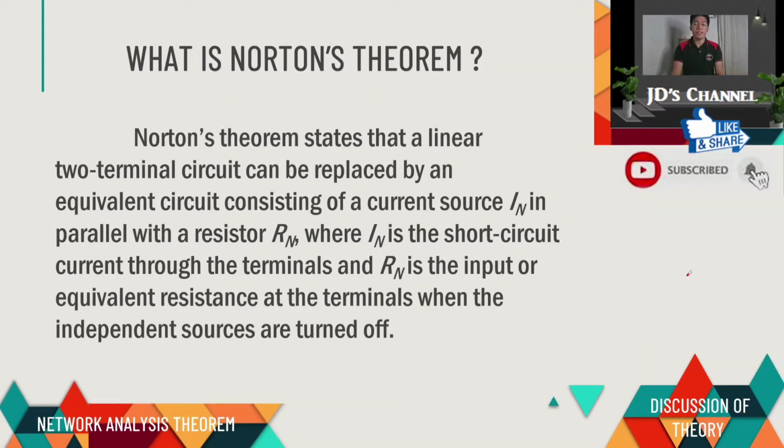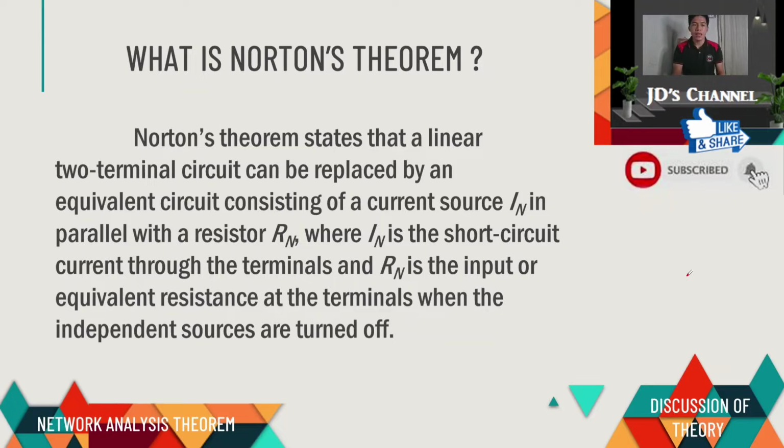Norton's Theorem states that a linear two-terminal circuit can be replaced by an equivalent circuit consisting of a current source IN in parallel with a resistor RN, where IN is the short circuit current through the terminals and RN is the input or equivalent resistance at the terminals when the independent sources are turned off.